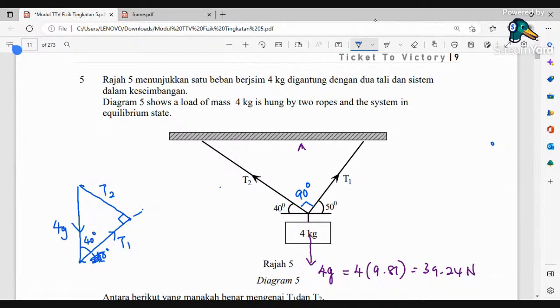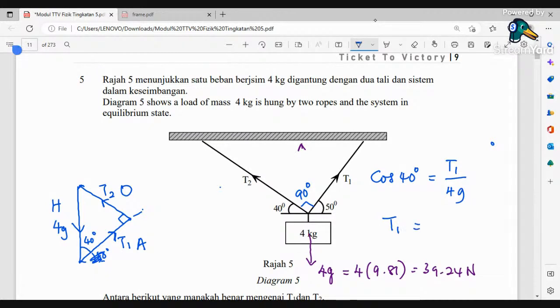So we apply mathematics only, because this is a right-angled triangle. Using opposite, adjacent, hypotenuse: for T1 it is cos, so cos 40 equals T1 over 4g.